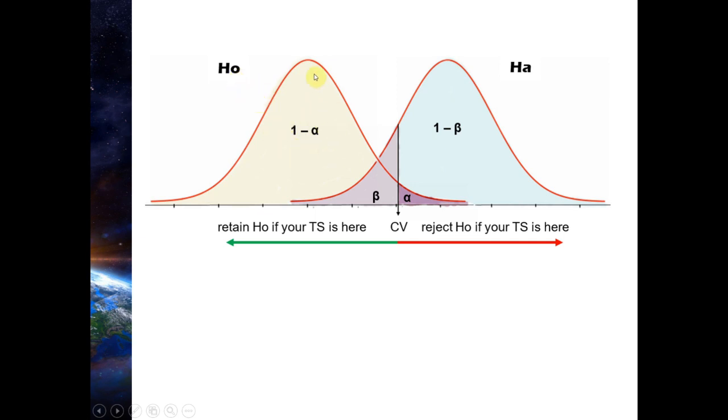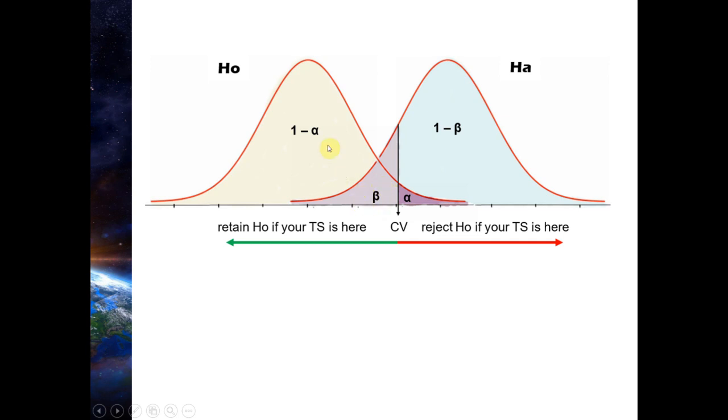All right, these are high probability events under HO. This is the probability of correctly retaining HO. This area, if you happen to be here, and of course you won't know, right? You won't know if you are here or here. But if you are here and it's under HA, then that is the probability of a type 2 error.